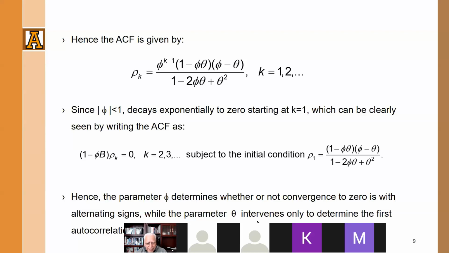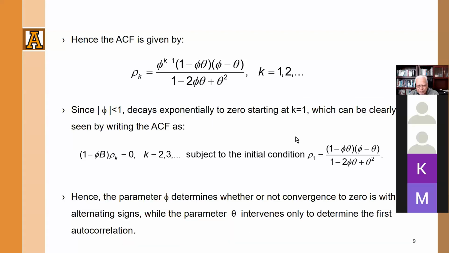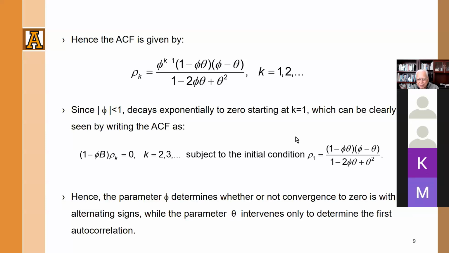So the parameter phi determines whether the series converges to 0 with alternating signs or not. The parameter phi will determine how it will decrease exponentially, but it may alternate in signs if phi is negative, for example.